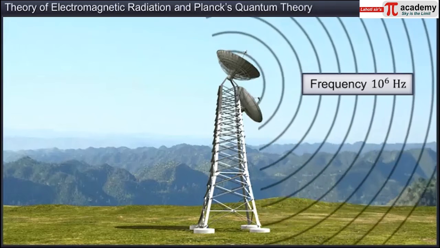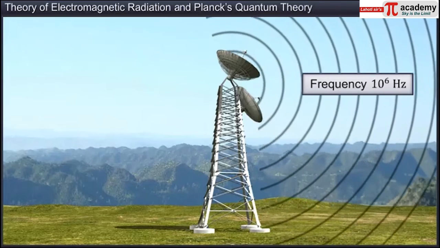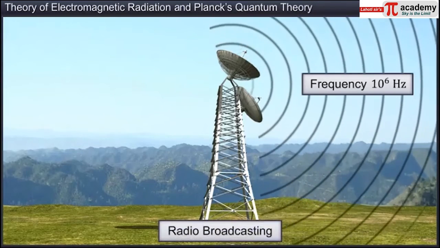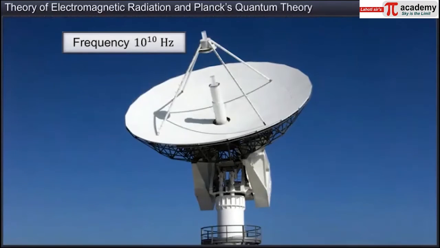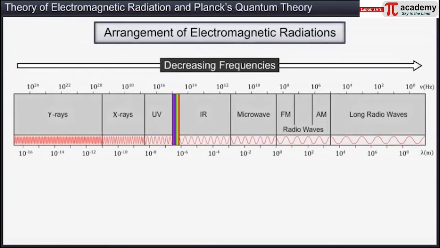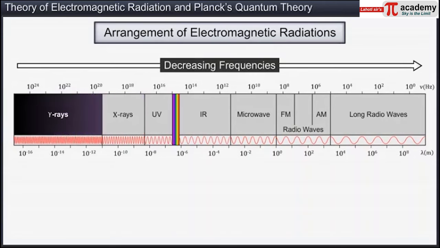Radio frequency region around 10 to the power 6 Hz is used for broadcasting. Microwave region around 10 to the power 10 is used for radar. Two other kinds of electromagnetic waves are X-rays and gamma rays.